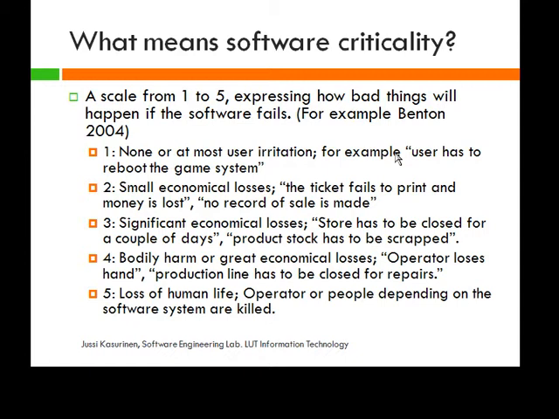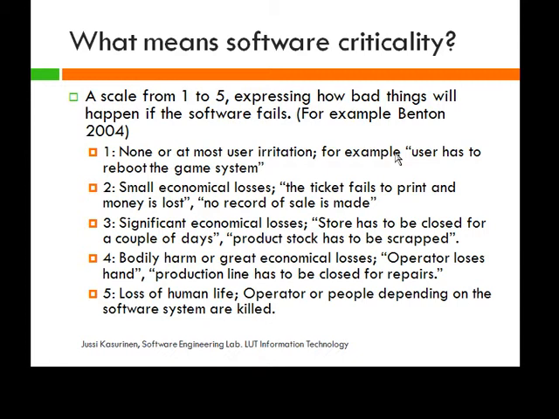The third level is significant losses. It means that an entire store has to be closed down because their cash register system completely locks up, or the product stock has to be scrapped in, let's say, a small factory because there was a fault in the parameters and there's no bottom in the barrels, sort of thing.